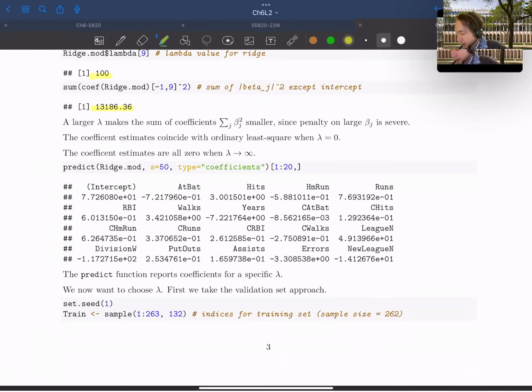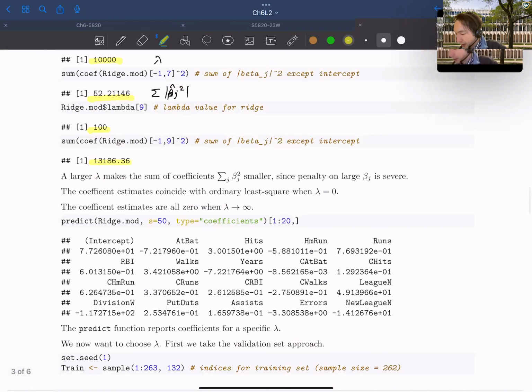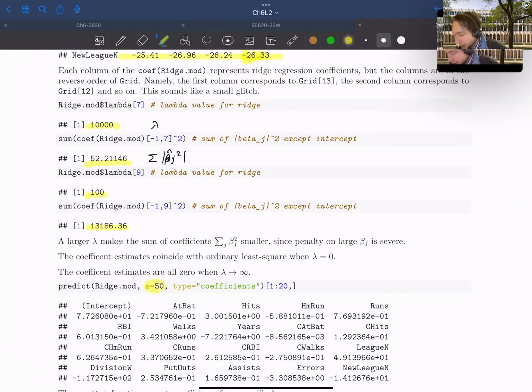If lambda is equal to 0, then we get some parameter where s is equal to 50. That s equal to 50 means there's a parameterization.